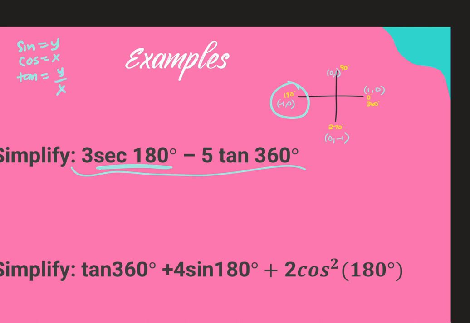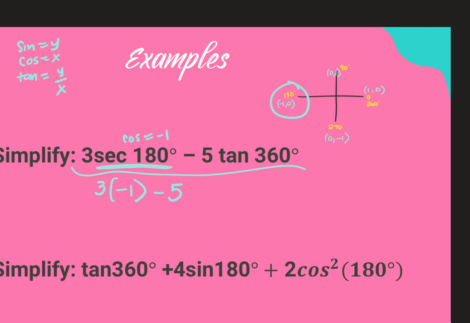So the cosine at 180 is negative 1, right? What's the reciprocal of negative 1? Still negative 1, right? Just flip it. So this becomes 3 times negative 1 minus 5. So all of these will always use that graph.